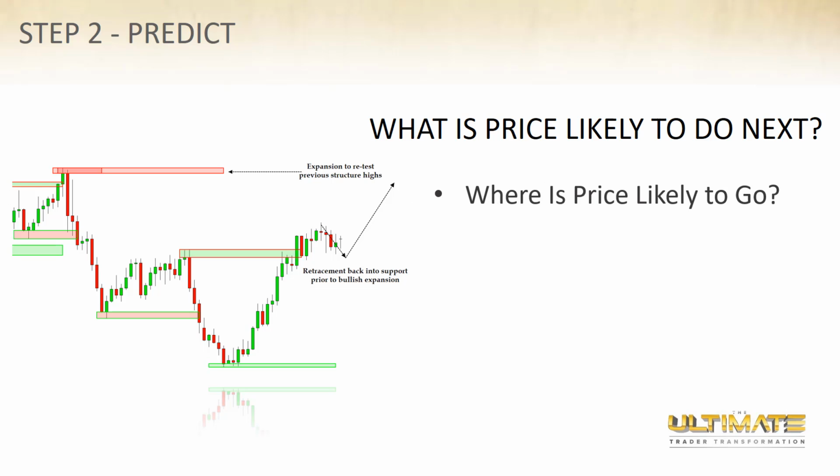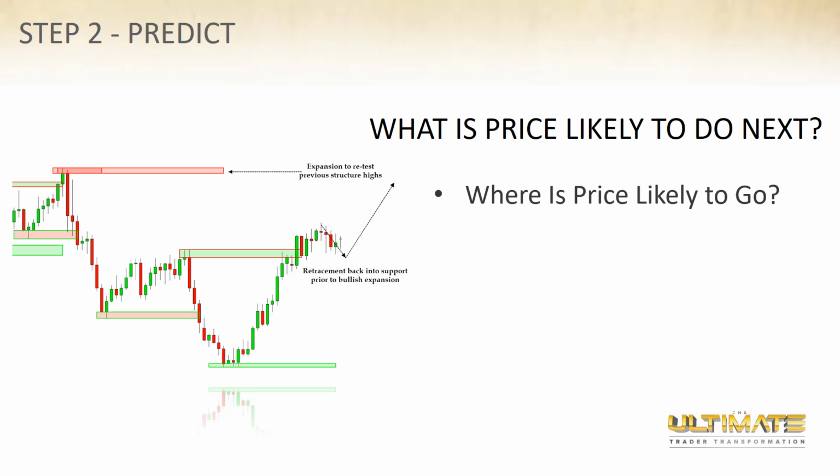Now, our prediction is based off of the identification that we made. And if you remember in the chart, or if you're looking at the chart right now, you can see that price made a higher high, higher close. Now, going back to principles learned earlier in this training, new structure high, new structure low, higher high, higher close principles, the sections on how to identify a trend, we know that if we see a higher high, higher close, then we would expect, or we would predict, a continuation in the underlying trend.